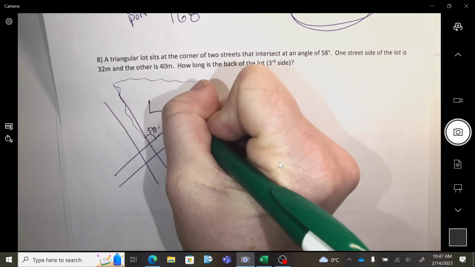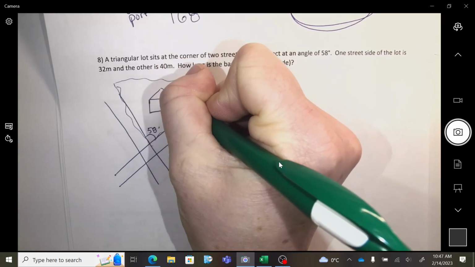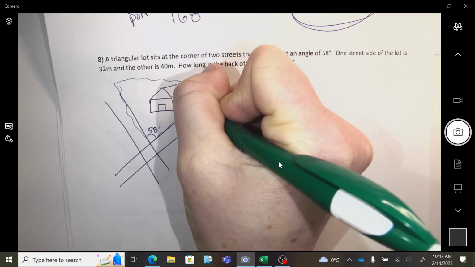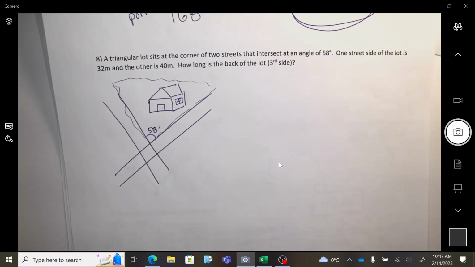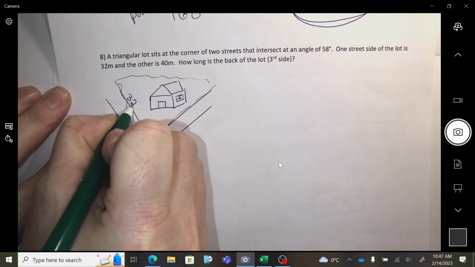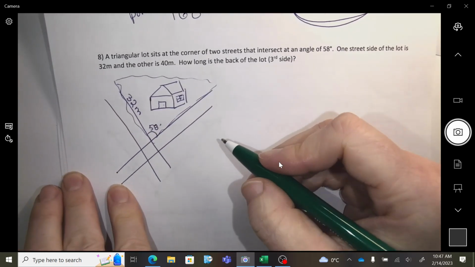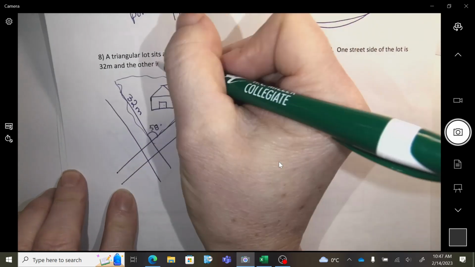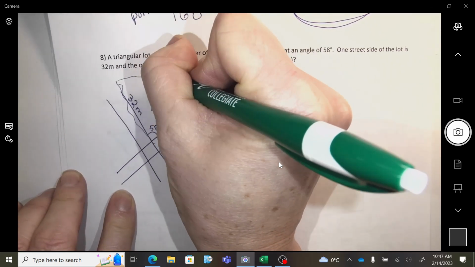Do you guys want me to also draw a house? Okay. Wow, that is a nice house. One street side is 32 meters, and then the other street side is 40 meters. How long is the back side of this lot?